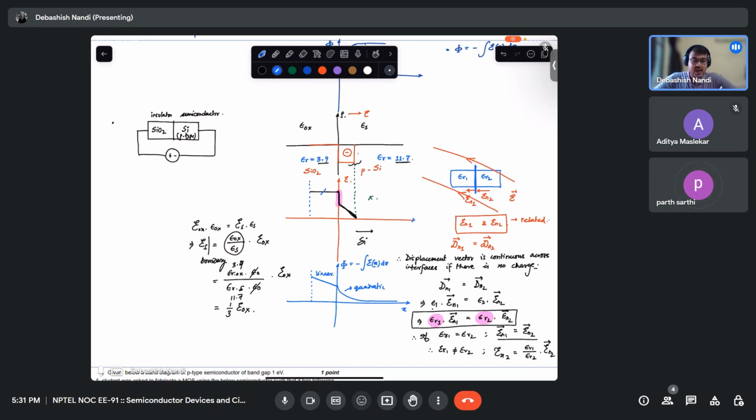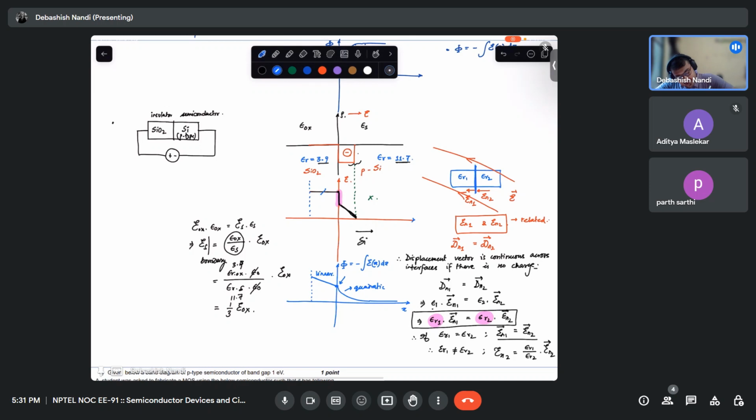And notice the fact that the potential remains continuous, right? But again, it is not differentiable at this juncture. Why?